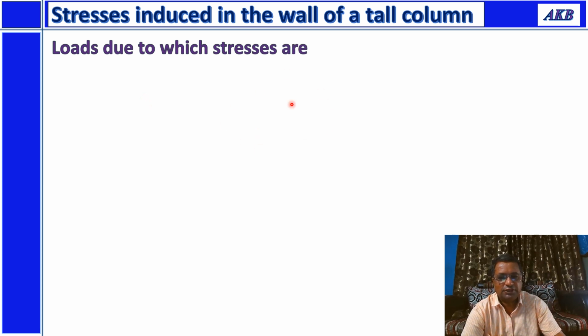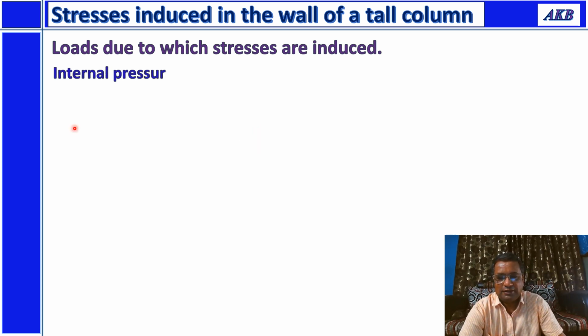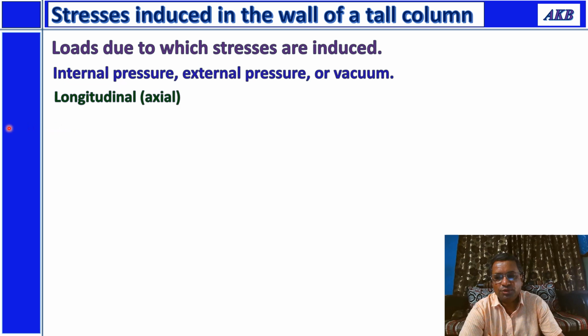So first, we will see what are the loads that are responsible for inducing stresses. First you have internal pressure, external pressure, or vacuum. These are going to induce longitudinal stresses, that is stress in the axial direction. Plus these are also going to induce circumferential stress, which we also call hoop stress.